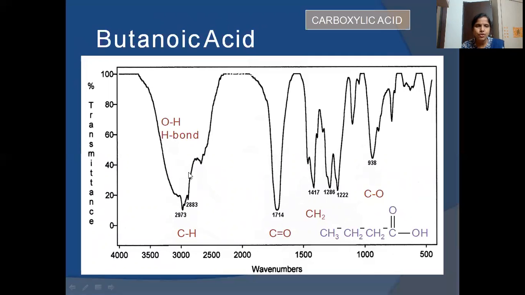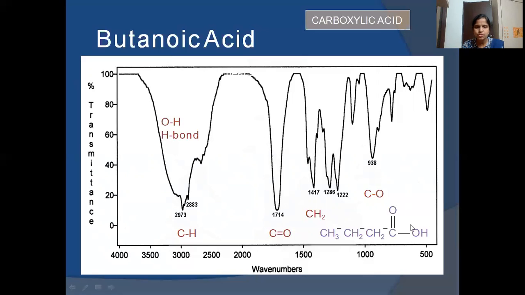So why is this broad? In carboxylic acids, more hydrogen bonding will be there, when it is present in the form of a dimer. Because of the dimers and hydrogen bonding, the band is very broad.